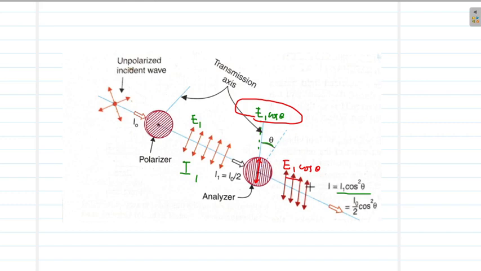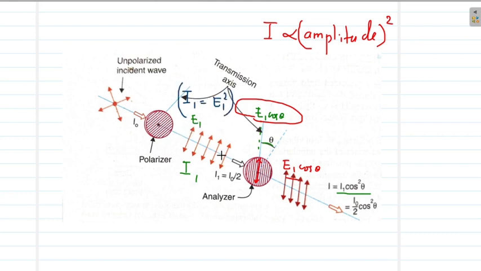So if E1 cos theta is the magnitude of the electric field, what will be its intensity? We know the intensity is related to amplitude as I is equal to amplitude square. Here electric field is the amplitude. So initially the intensity is related to E1 as I1 is equal to E1 square, because E1 is the magnitude of the electric field.